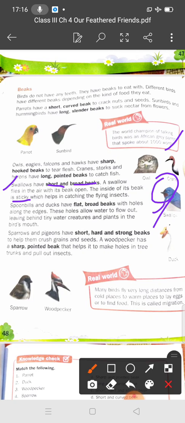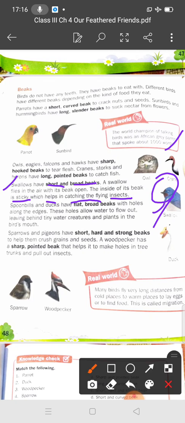And what is the function of this sticky beak? This sticky beak helps in catching flying insects. If an insect flies in the air, this beak helps to catch it.